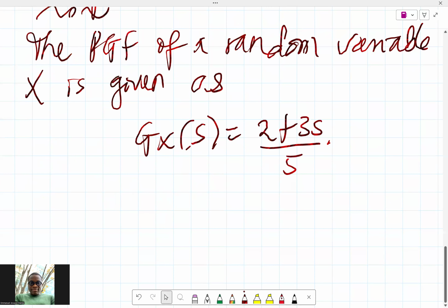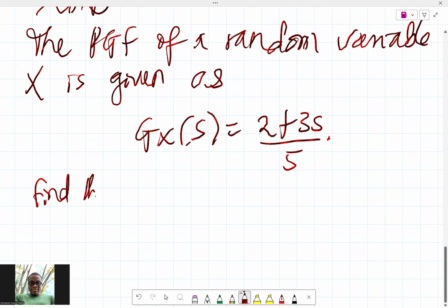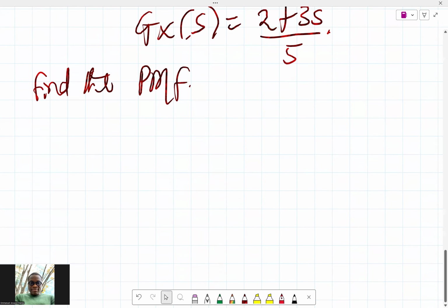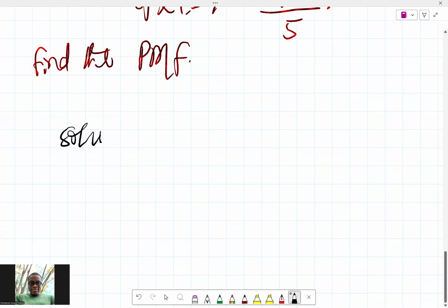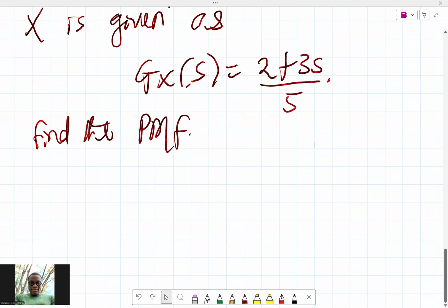The question is to find the probability mass function. It's more like you are retrieving the probabilities. All we need to do is to get whatever expression we have back in series form, and extract the coefficients of s.